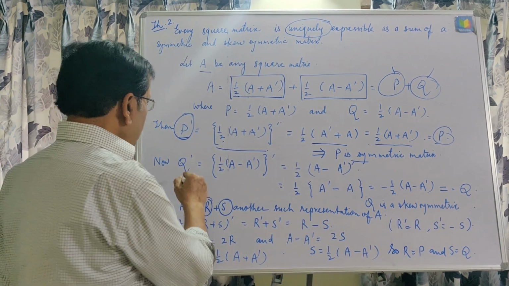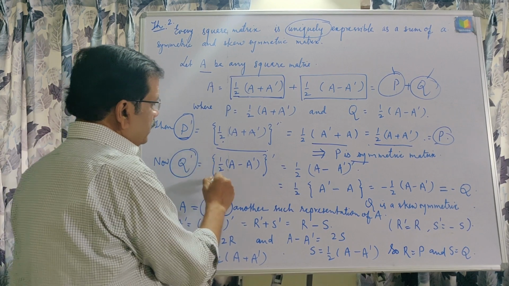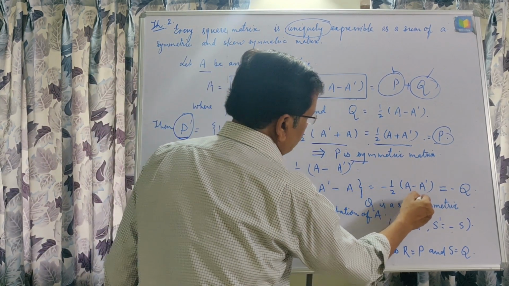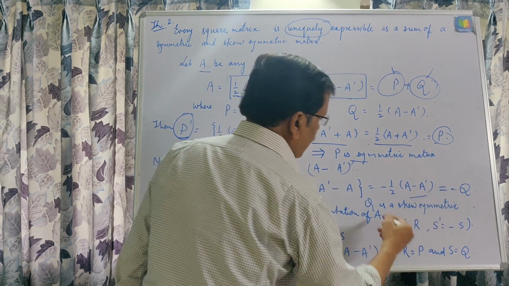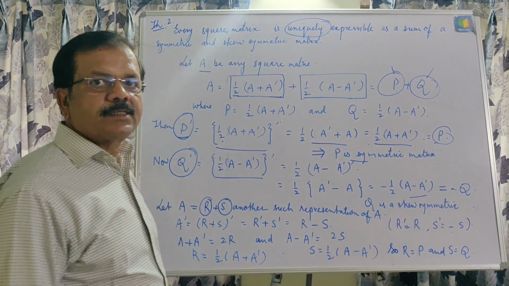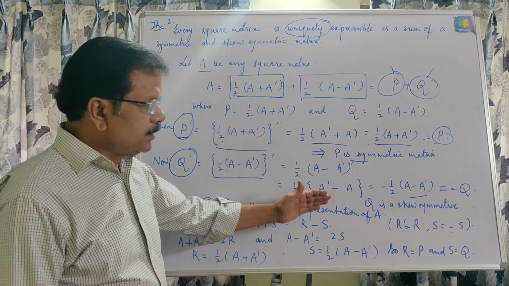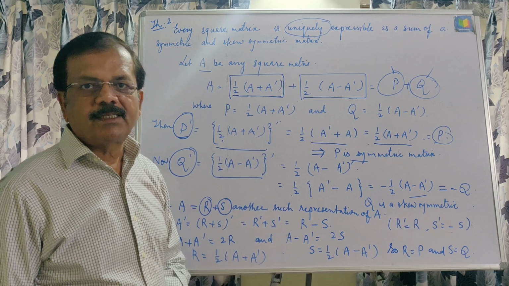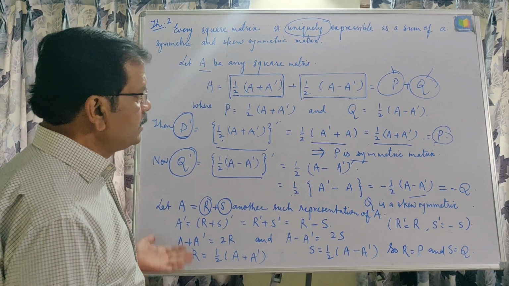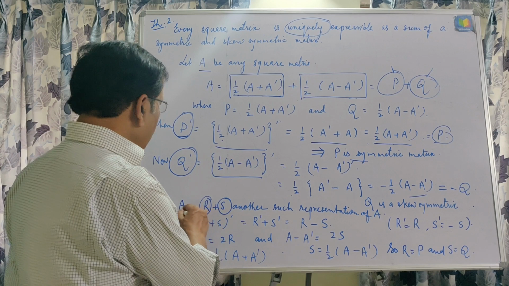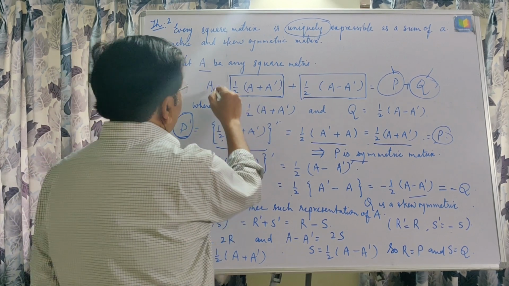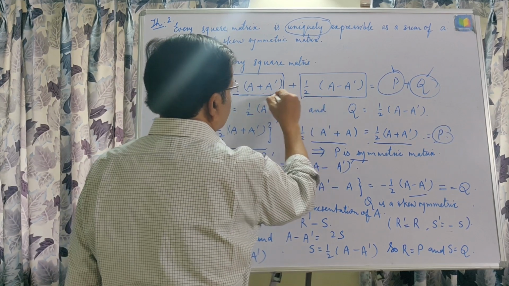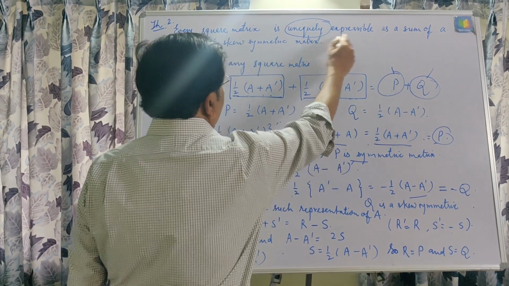In a similar way, Q dash, that is Q transpose, is half of minus of this, so it is minus Q, and so Q is skew symmetric, because in it A transpose is equal to minus A, with negative sign everything is the same. So we can write this square matrix in the form of P plus Q, that is the summation of a symmetric and a skew symmetric matrix.